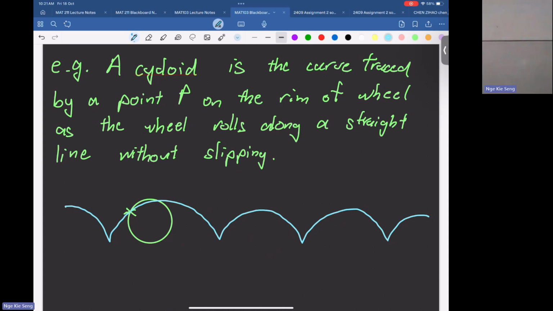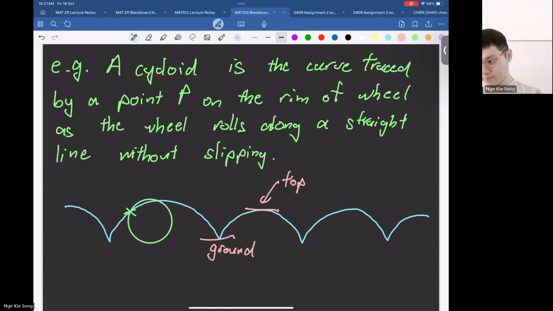Imagine this point goes to the top of the rim, then comes down to the ground, touches the ground, and then goes up again. The bottom part is the ground, and the top part is the top of the rim. Make sense?